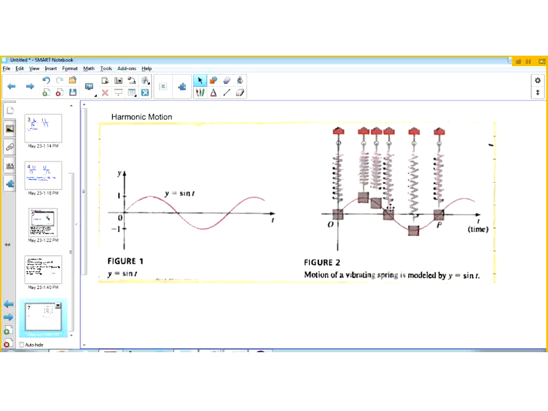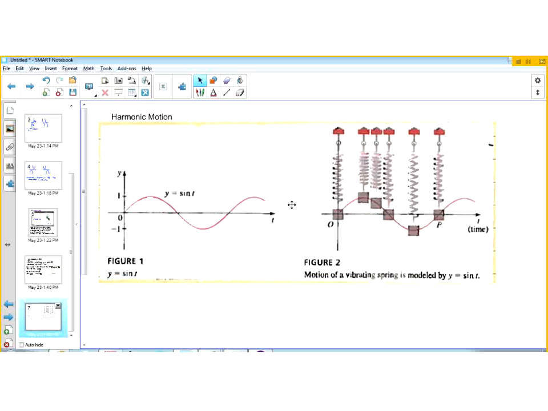As the spring compresses, the weight goes up; the spring stretches, the weight goes down. So for an ideal spring, you have this up and down motion. And if you go to the center of gravity of the weight and you plot its position with time, you notice that it'll trace out almost y equals sine of t. So this is what we mean by harmonic motion. And this is the case of an ideal spring.